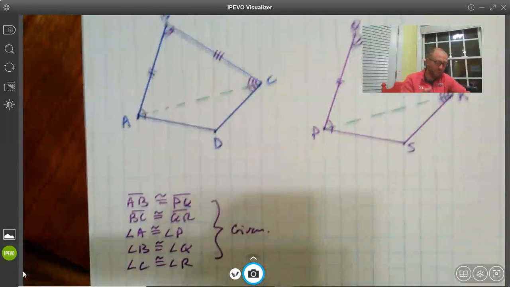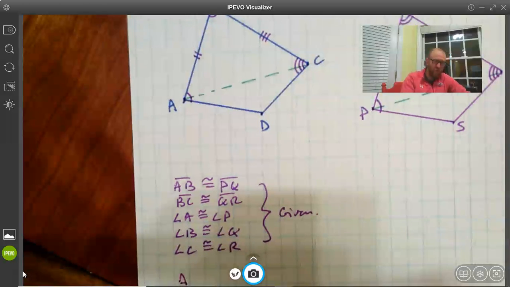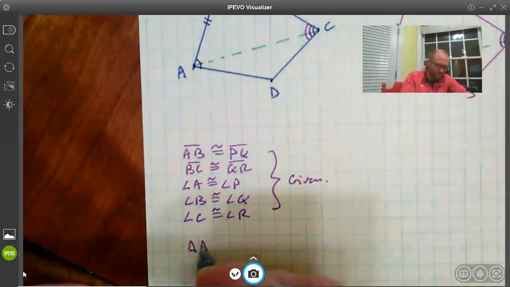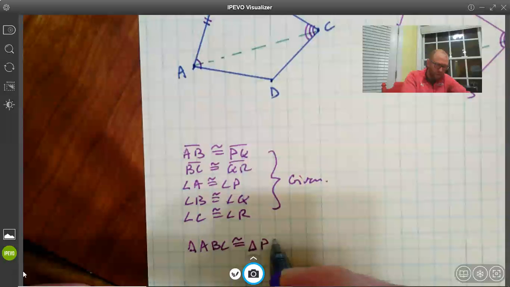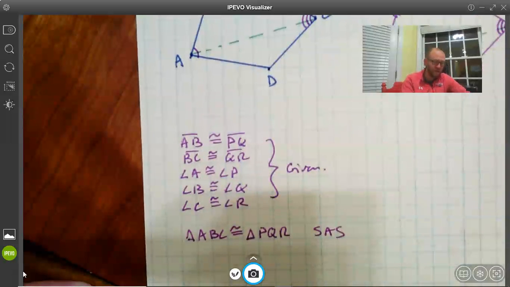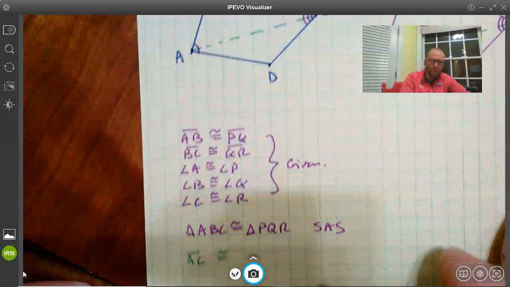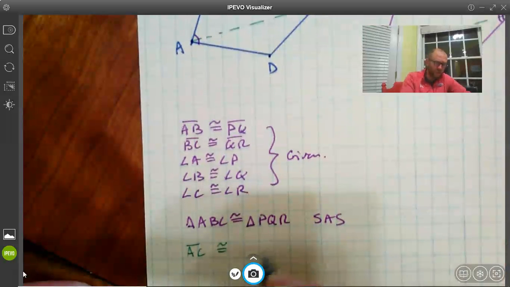So we can say that triangle ABC is congruent to triangle PQR by side angle side, which then tells us that segment AC is congruent to segment PR.